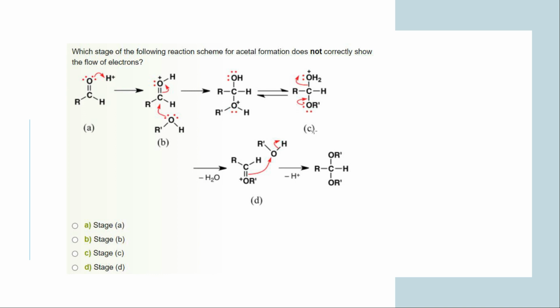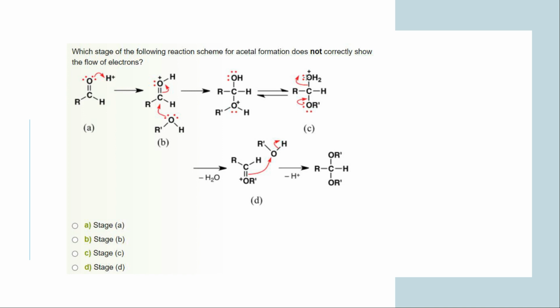So what is happening in step C? Let us look. In step C, this alkoxy oxygen is giving away its lone pair of electrons towards this carbon, and in turn the electron is flowing towards the positively charged oxonium.